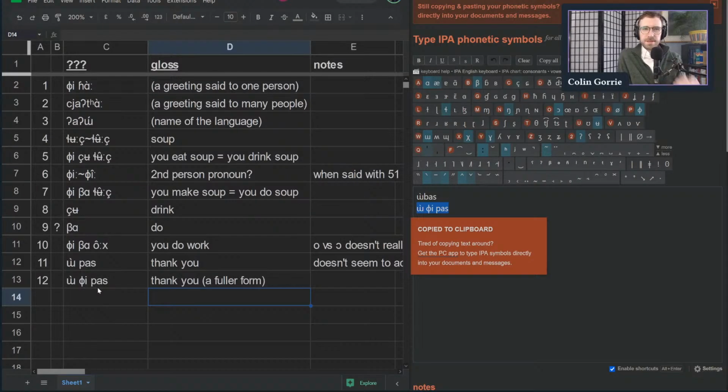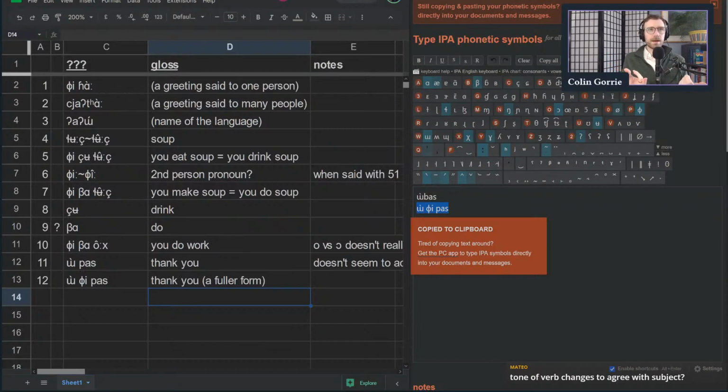Is that first sound I? No, it's va hlü. Am I way off on that? Yeah, try again. Va hlü. Yeah. Is that first sound the same as the sound in the word for soup?